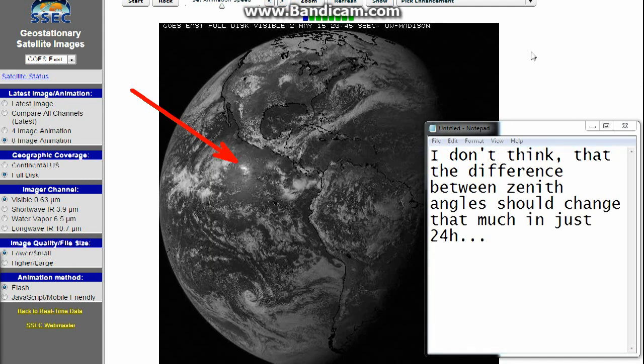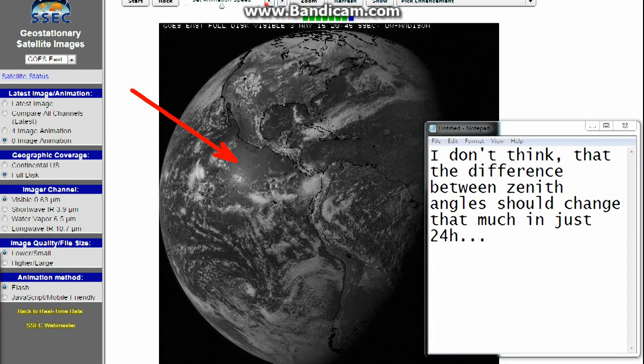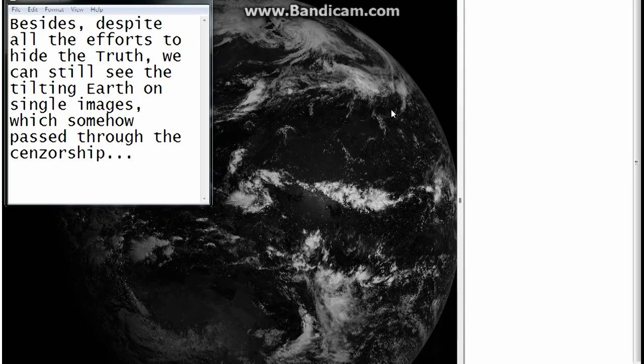I don't think that the difference between zenith angles should change that much in just 24 hours. Besides, despite all the efforts to hide the truth, we can still see the tilting Earth on single images, which somehow pass through the censorship.